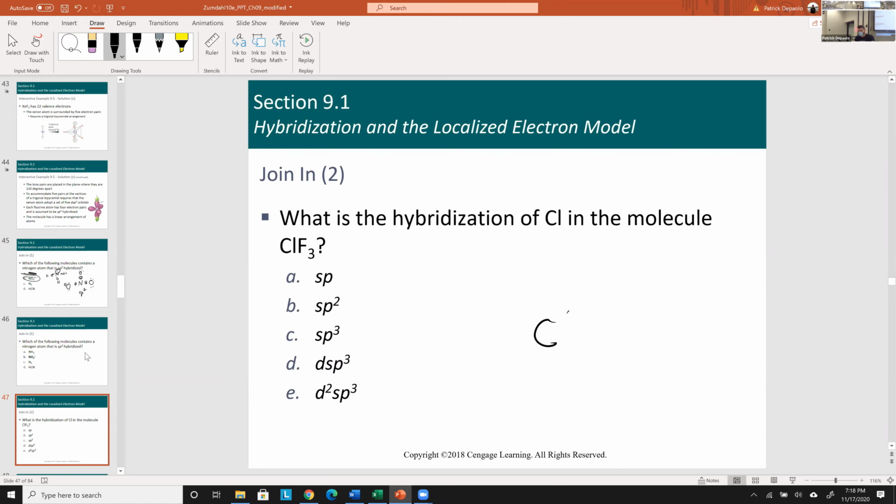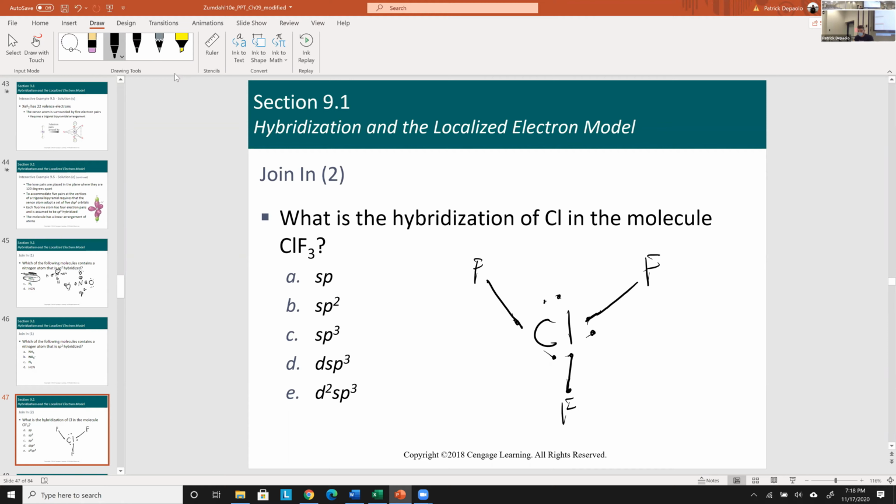So again, this is one of the ones where we have single bonds with fluorine. And then chlorine has, so we'll start over. Chlorine has 7. So 1, 2, 3, 4, 5, 6, 7. You have 1 bond, 2 bond. Oh, my pen ran out of virtual ink. There you go. 3 bond.